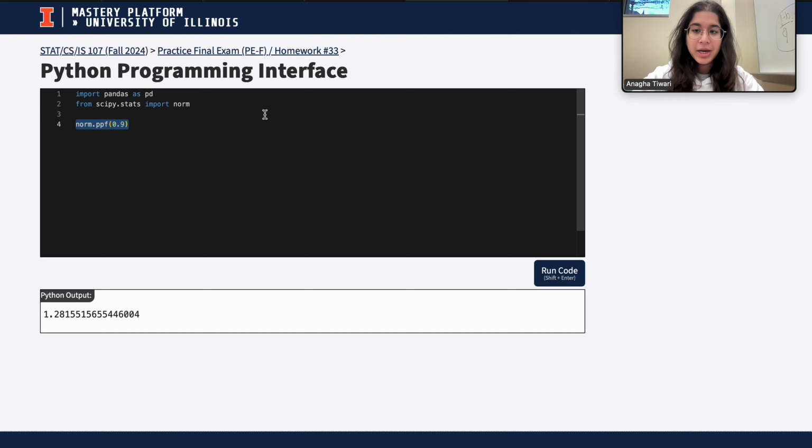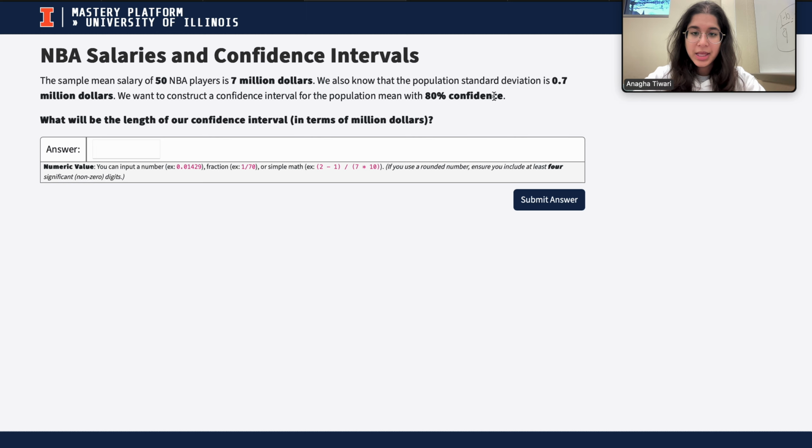When I want to solve for a confidence interval using Python, I first want to define my distribution. Let's call that D. So D equals norm. I know this is a normal distribution with a sample mean of 50.